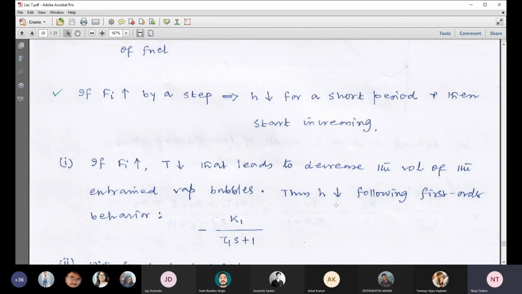So there are basically two time periods. In the first time duration, there is a decrease of height. In the second time duration, there is an increase of height. Now, in the first time duration, how height decreases is written under this first point.